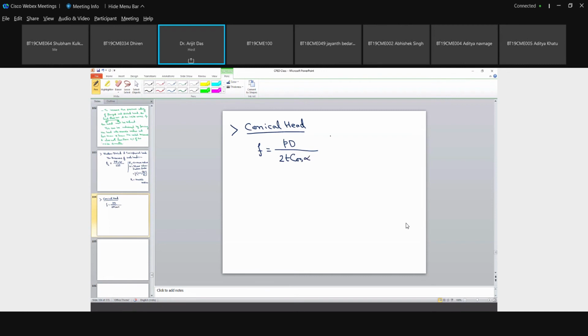Okay, what is alpha? Alpha is the half of the apex angle of the cone.